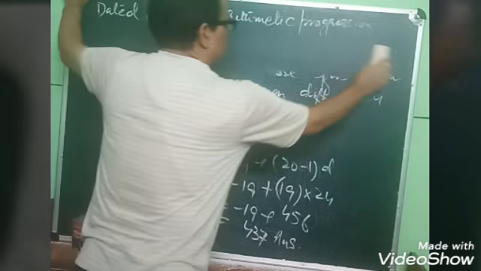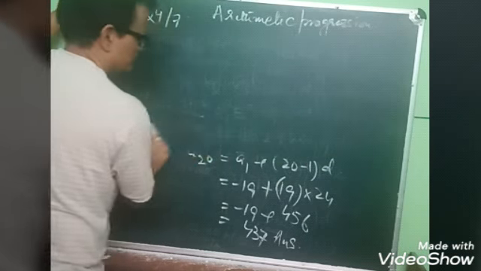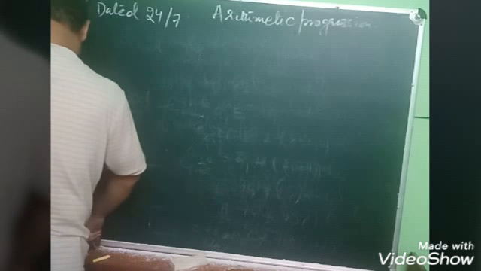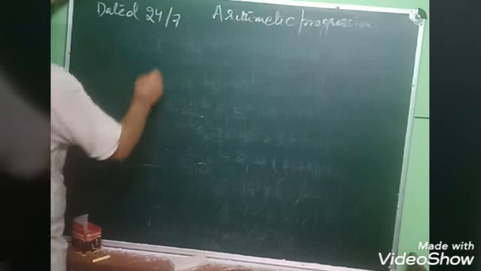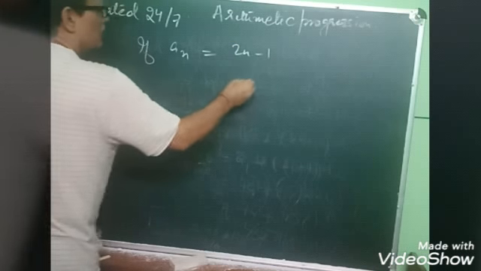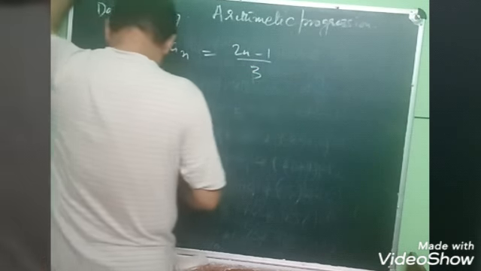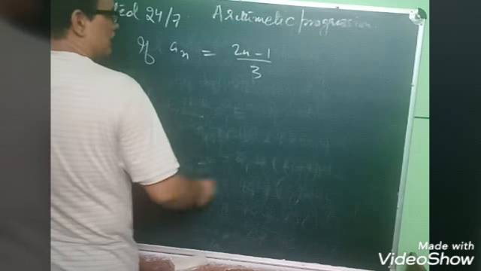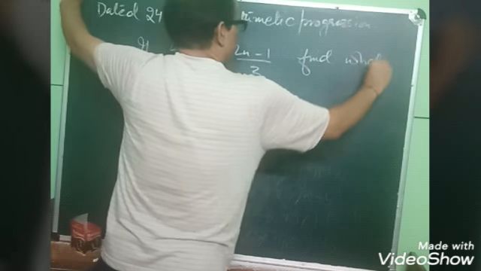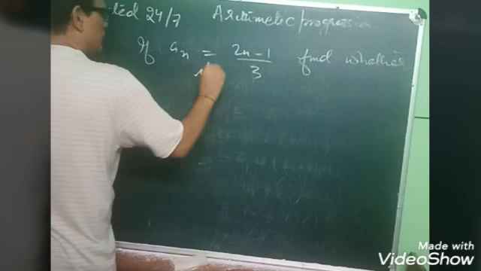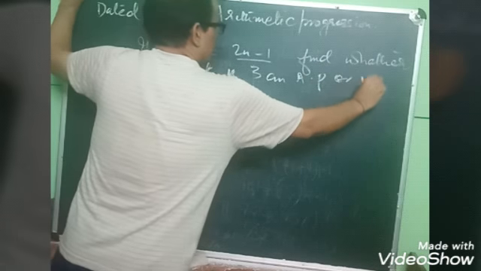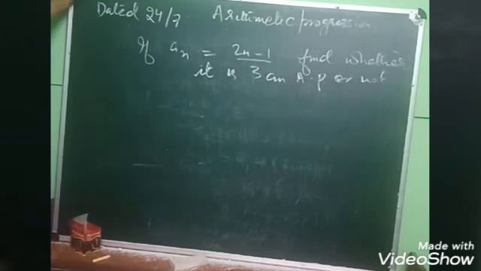Next we can find out, if an is equal to 2n minus 1 upon 3, find whether it is an AP or not. हमें देखना है कि क्या ये AP है या नहीं है.